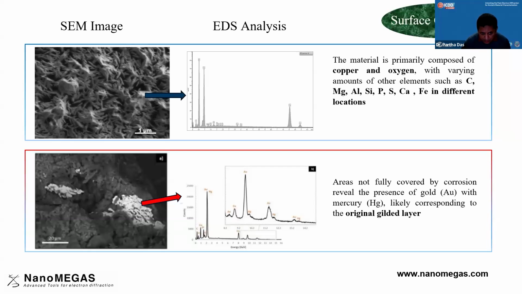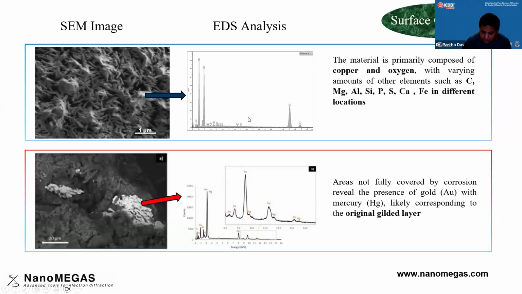These elements vary in quantity from one position to another, but copper and oxygen are always there in very strong signals. In some very bright regions, we saw some signal of gold, including mercury actually, coming from the original gilded layer.